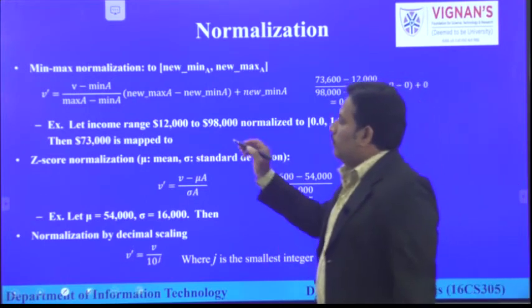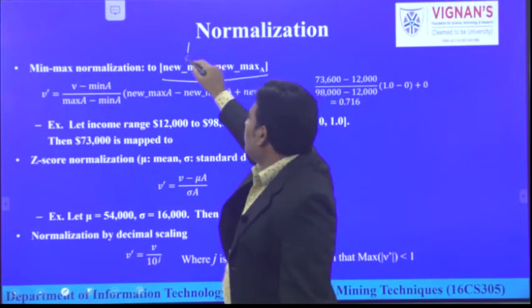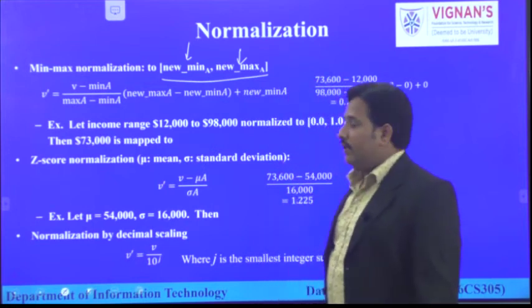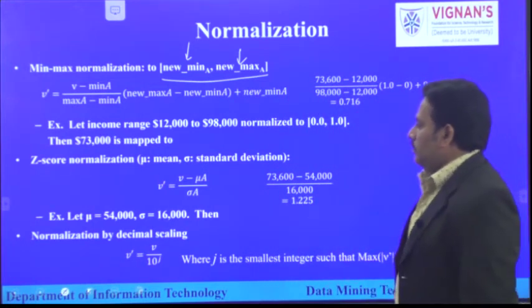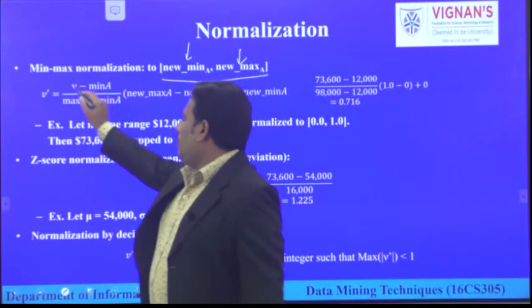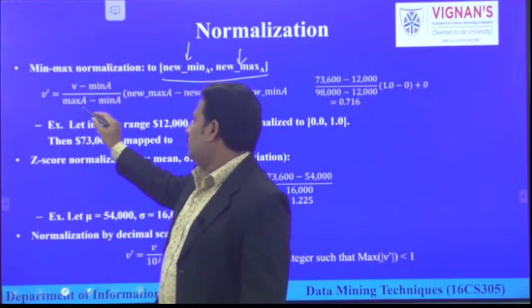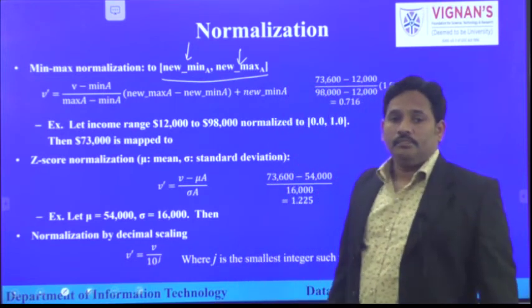So when we apply min-max normalization, we need the new minimum and new maximum of the range we want to bring the values into. Now look at the formula: V minus minimum A, divided by maximum A minus minimum A.